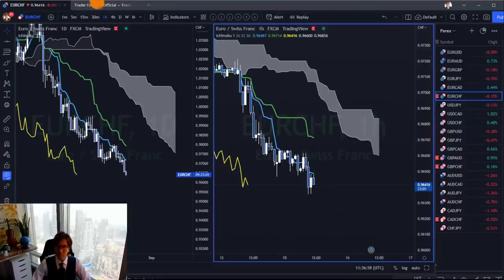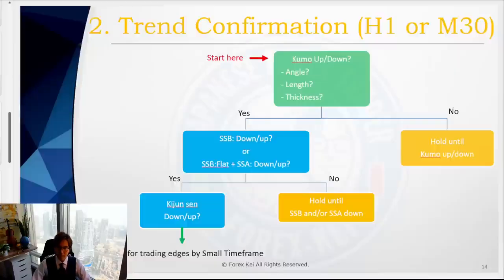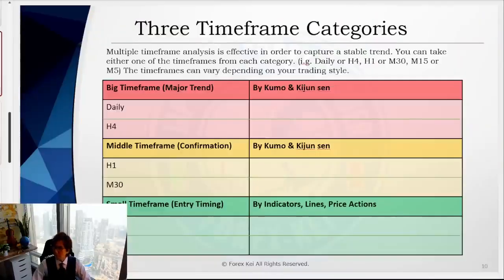So in this example, daily confirmed downtrend, and then 1 hour confirmed downtrend. Right? And then you go down to the lower time frames, and this is where you can look for an entry timing, which I will talk about in the next video on Friday.